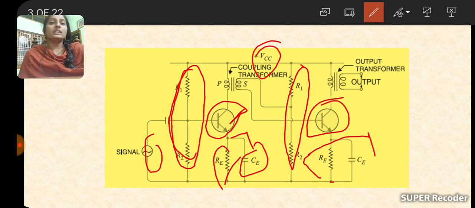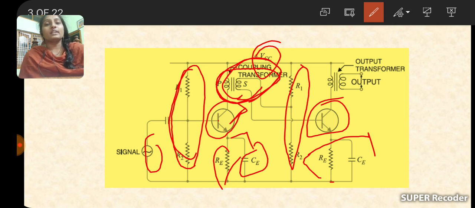But the only difference here is that a transformer is used in between the two stages. The transformer is used as a coupling element, and the primary winding is connected to the collector of transistor 1. Why?